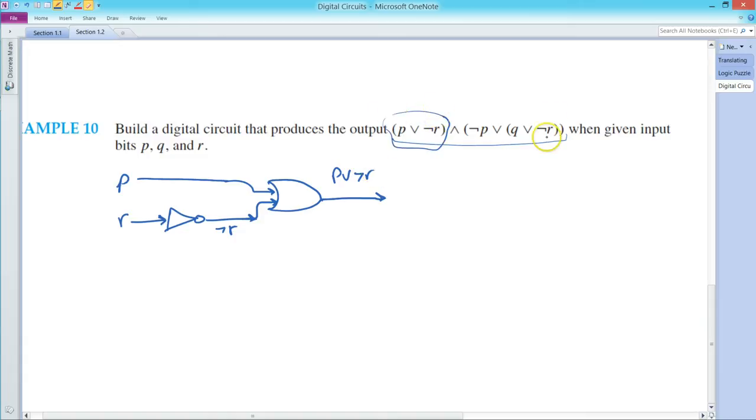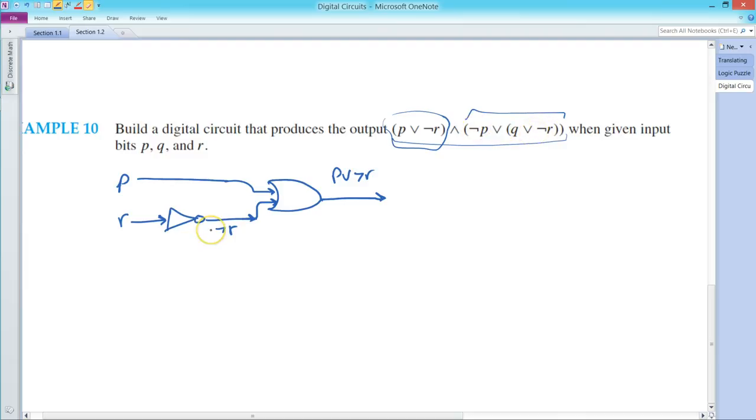Remember that parentheses change the precedence. Parentheses have more precedence than anything else. So let's calculate the parentheses first. Now look at the second part of this. We have parentheses inside. So let's calculate the not P and the not R.